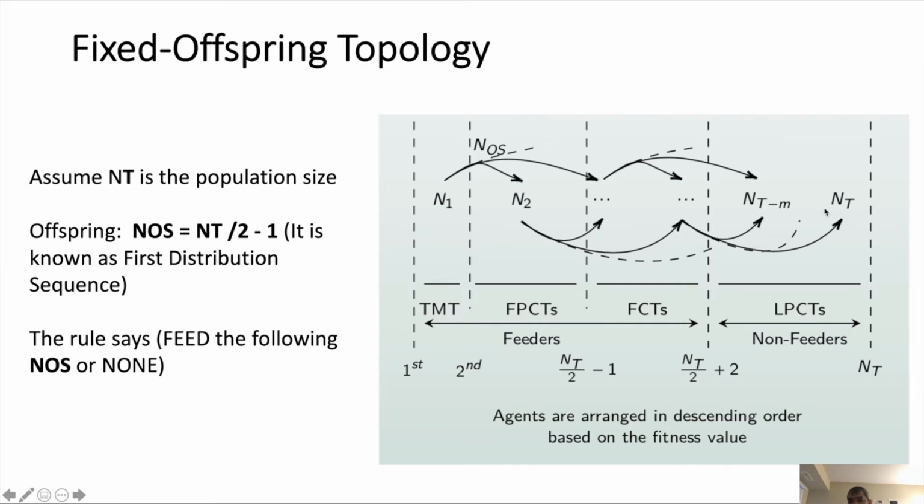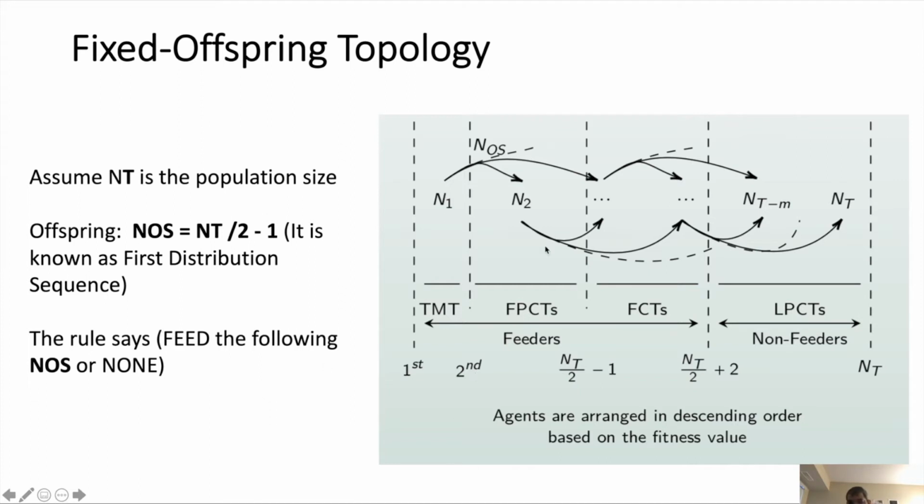If you have in front of you a number of trees lower than the NOS, you cannot feed anyone. In the previous example, if we have 6 trees and we are here with only 1 tree in front of us, we cannot feed any tree in the population. So we feed the full number of NOS or none.